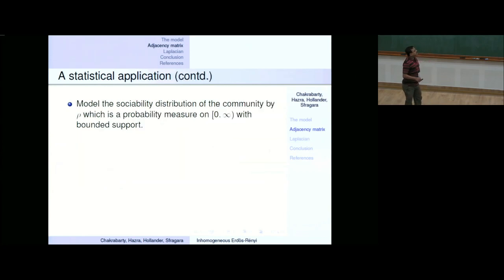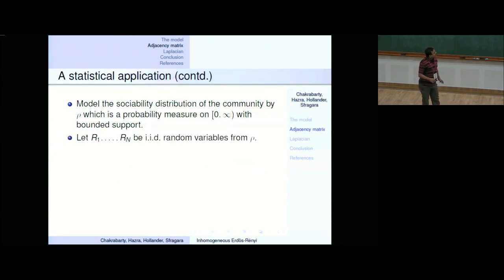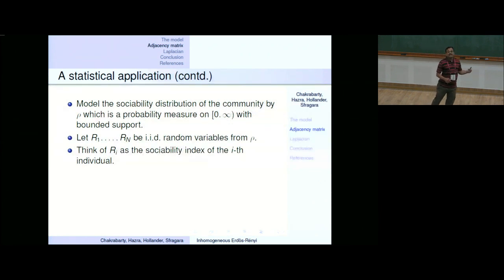The way I model it is, we model the sociability distribution of the community by a probability measure rho on 0 to infinity with bounded support. That means let R1, R2, ..., Rn be i.i.d. random variables, and these will be called the sociability index. That means Ri is the sociability index of the ith individual.